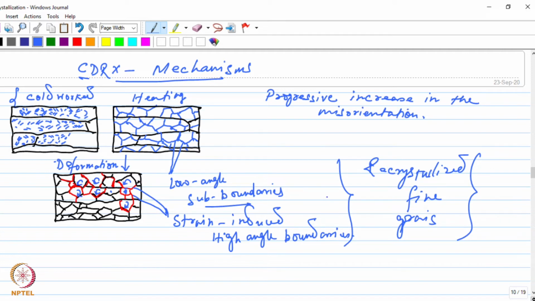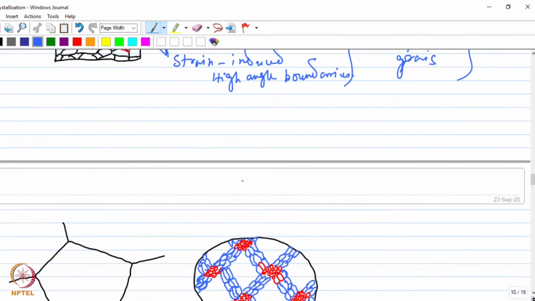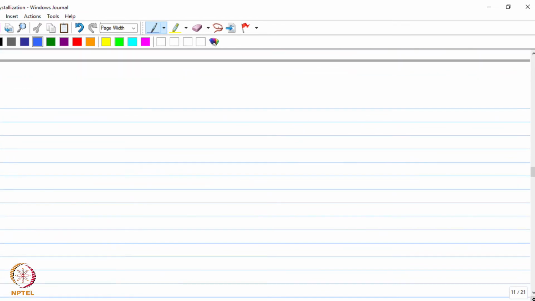So now, going forward on this topic, CDRX, we will also see some other mechanism by which this can happen. So this one that we are going to discuss happens by progressive lattice rotation near grain boundaries.